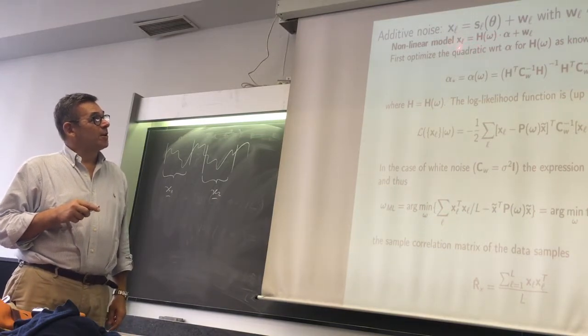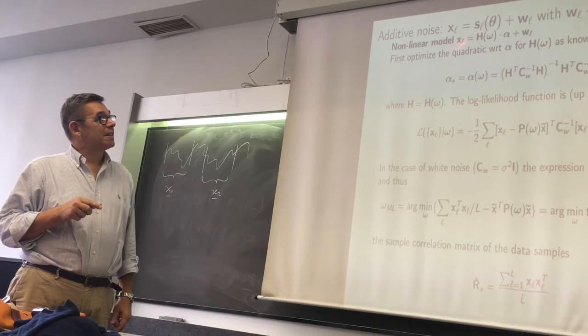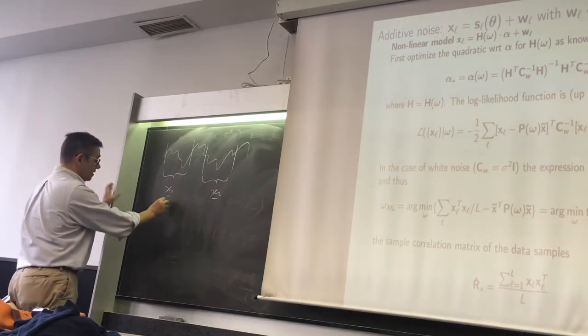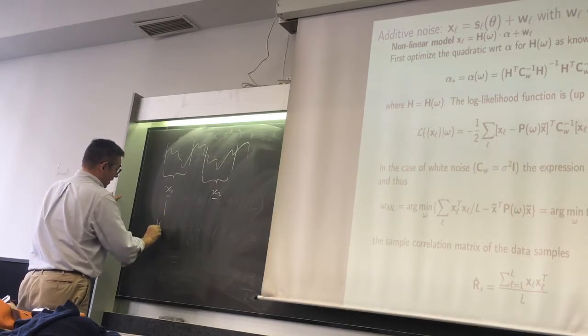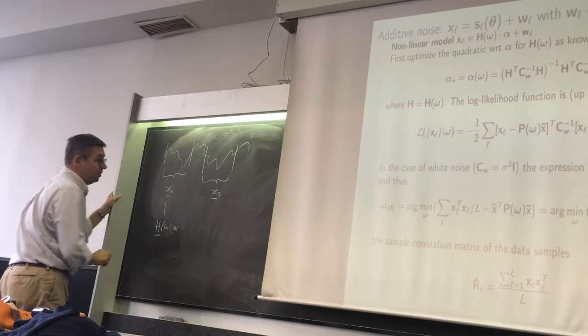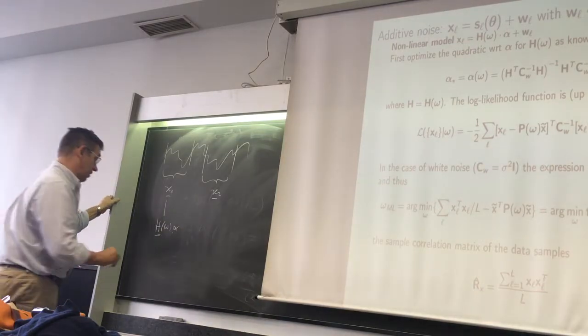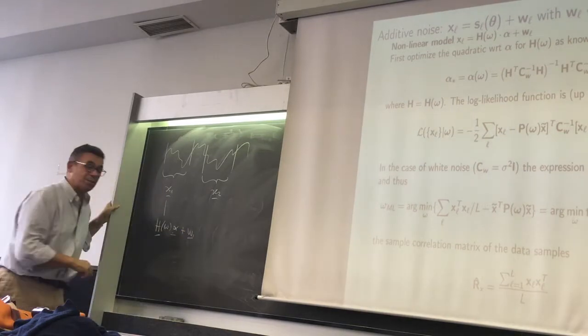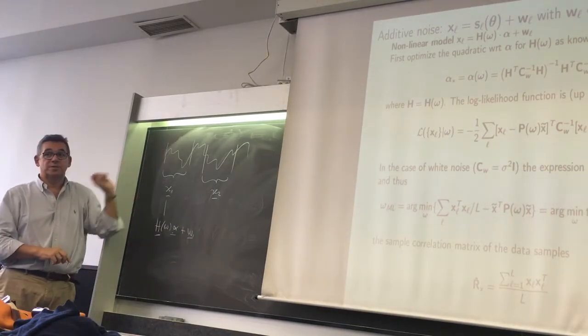So the nonlinear model says, for instance, that I have a set of vectors, and each of them, this x1, is a set of sinusoids with the amplitude, and the amplitude is not changing. Okay, even easier. But I have a noise w1, which is affecting this.